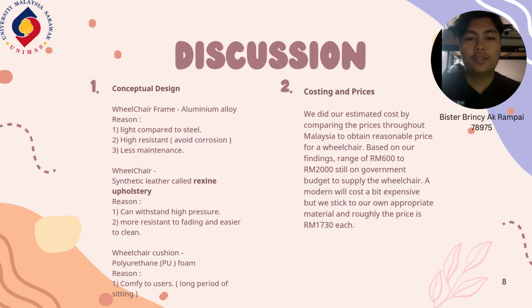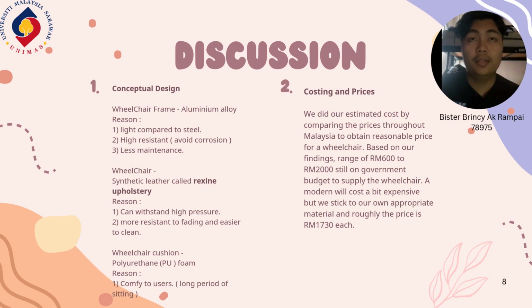Secondly is the costing and prices. We compared the existing price of the wheelchair with our model. We researched the government wheelchairs in public hospitals, the hospital umum, and made our estimated cost by comparing prices.